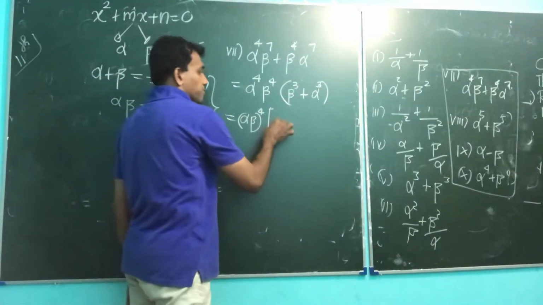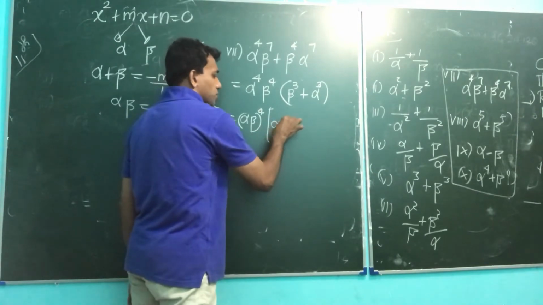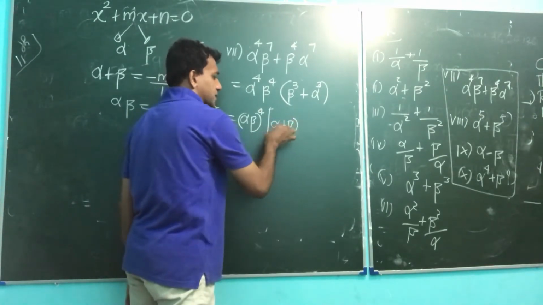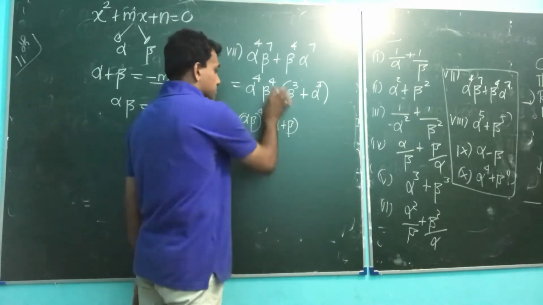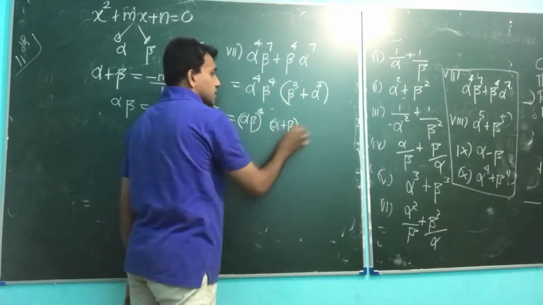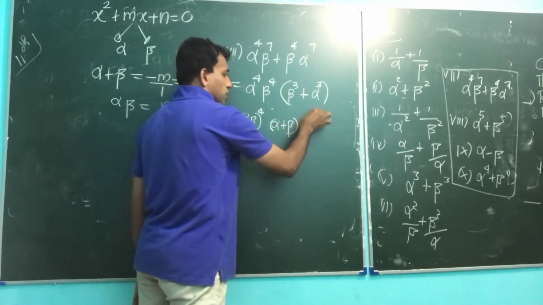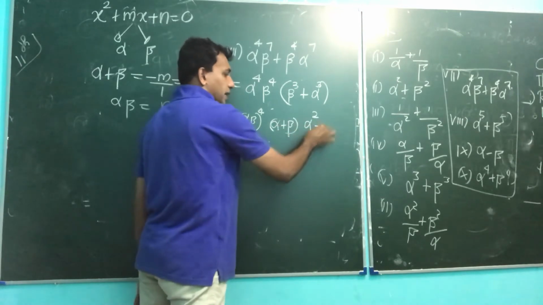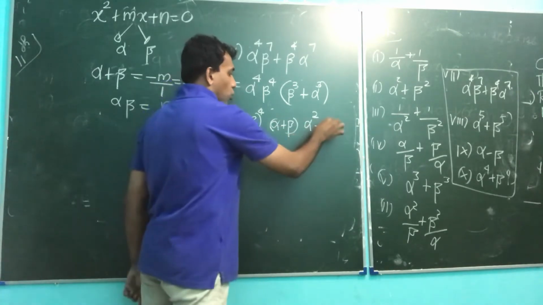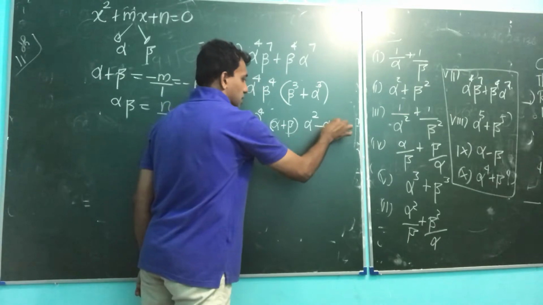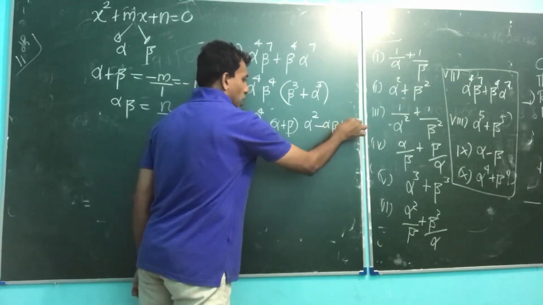So here alpha plus beta is one factor, and the other is alpha square minus alpha beta plus beta square.